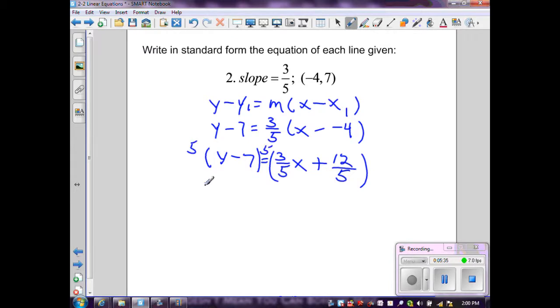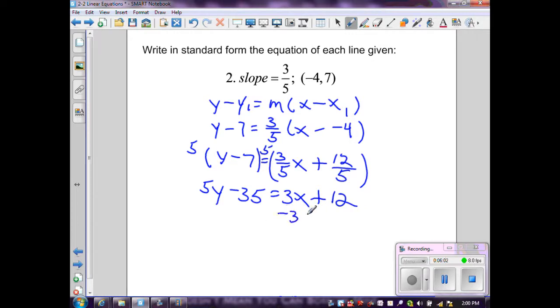5 times y is 5y minus 35. Just multiply the numerators. 5 times 3 is 15. 15 divided by 5 is 3x, plus 5 times 12 is going to give me 60. 60 divided by 5 is going to give me 12. Now let's put this in standard form.